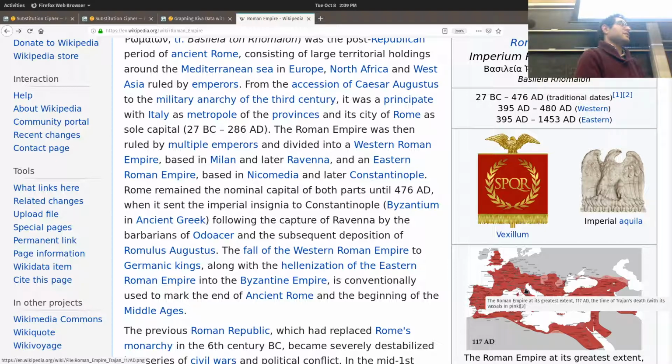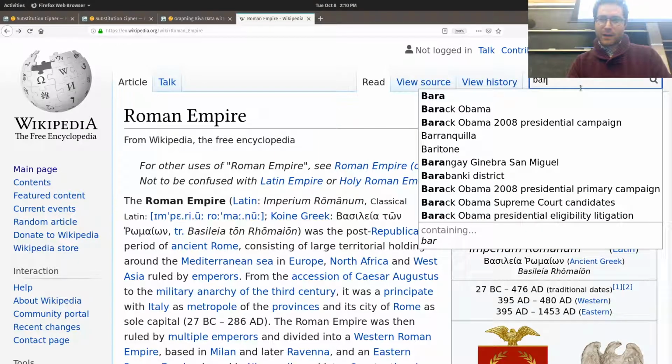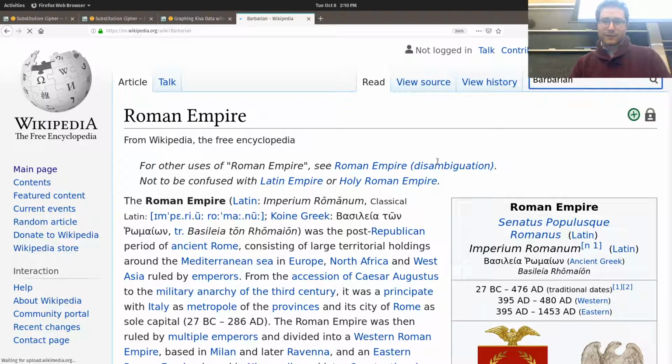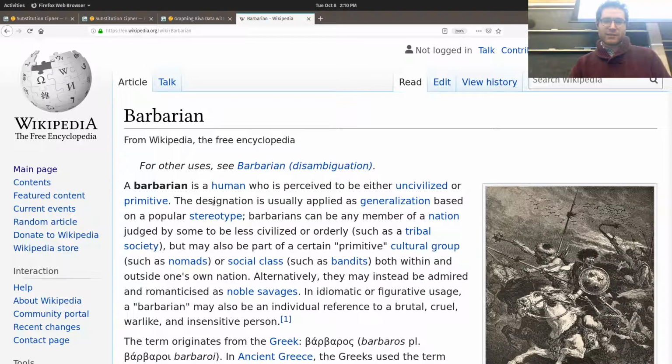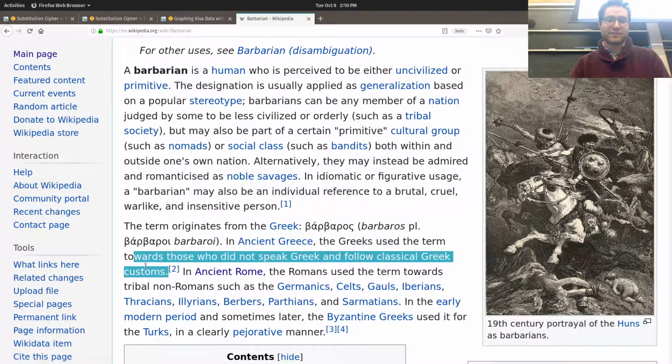So the idea here is that we're going to keep out the barbarians who might be able to read Latin. By the way, aside here, barbarian. Anybody know where that comes from? Uncivilized or primitive generalization comes from the Greek barbaroi. In ancient Greece, the Greeks used the term to describe those who did not speak Greek and follow classical Greek customs.